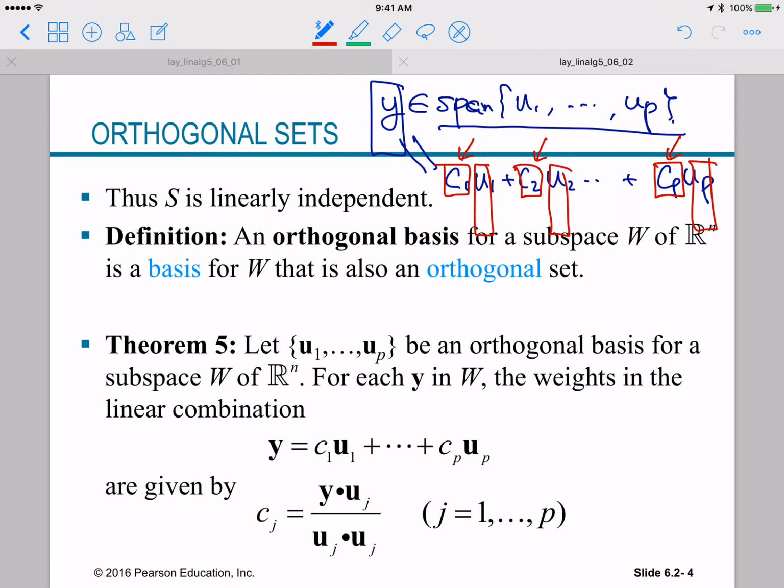One typical way would be just forming, so suppose y was (1, 2, 3), and then u1 was maybe (1, 2, 5), and then (2, 3, 1), and then maybe the third vector was (-1, 2, 0). This is just a typical linear system that we have to solve.